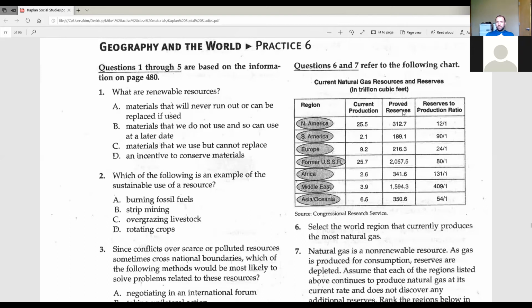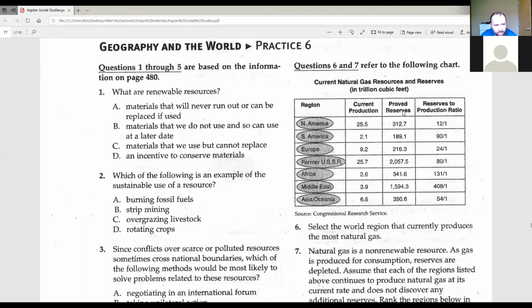Once our tank goes to empty, we got to get more. And D, an incentive to conserve materials. Renewable resources are a form of materials. It's not necessarily an incentive to conserve them. So A is the only one that makes any sense. Materials that will never run out, or can be replaced if used.